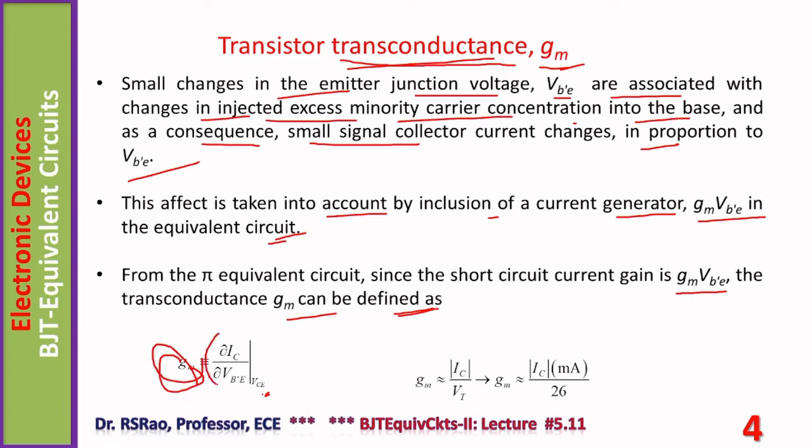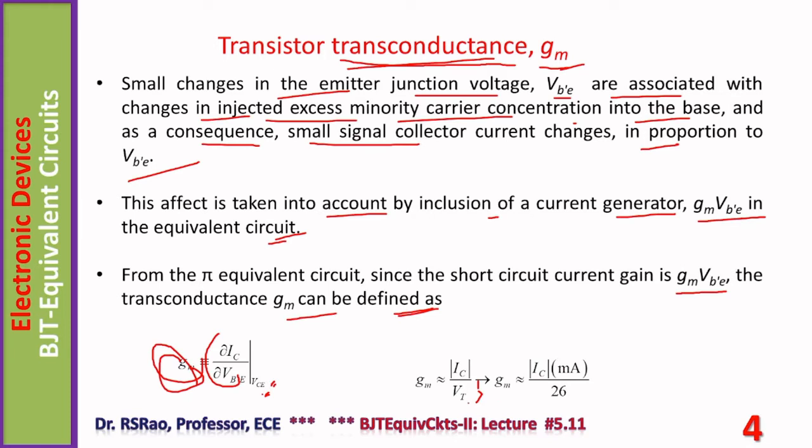This is the definition, ∂IC/∂V_B'E while maintaining VCE fixed. When we apply the definition to a transistor, we find that gm is equal to IC by VT, or IC in milliamperes by 26.